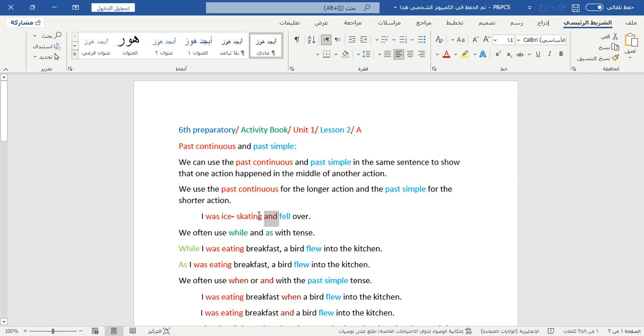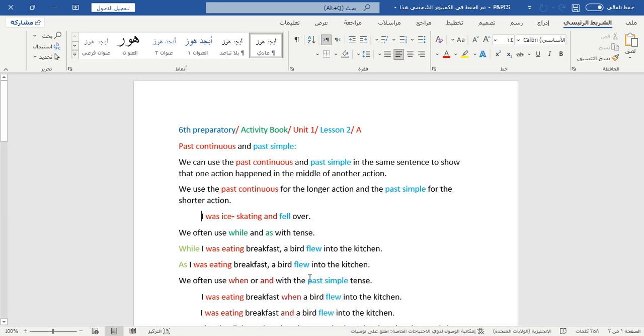"And" always comes in the middle of the sentence. We can't put it at the beginning of the sentence, while "as" can come at the front of the sentence or in the middle.